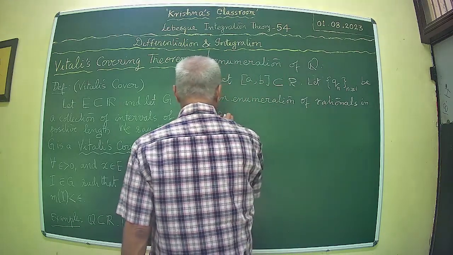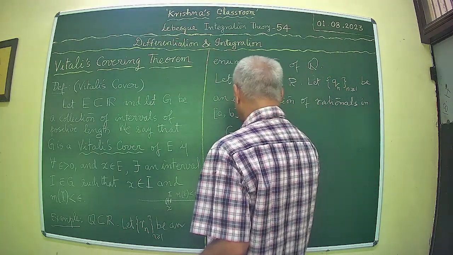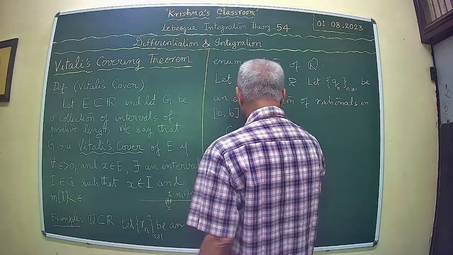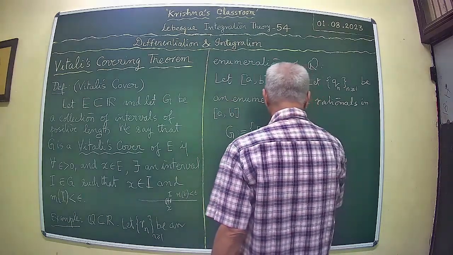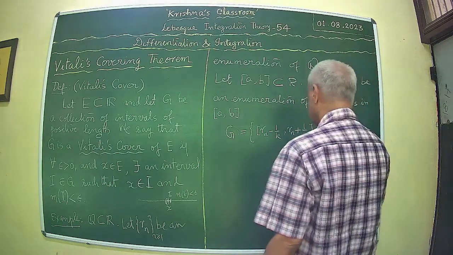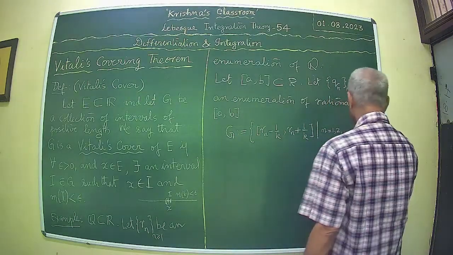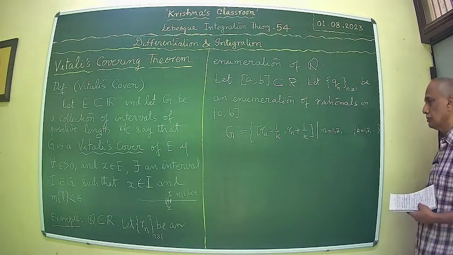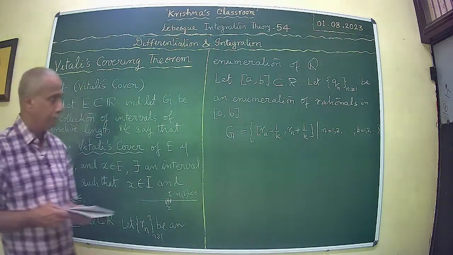Now let us define G. Let G be the collection of intervals of the form (r_n - 1/k, r_n + 1/k), so you are looking at intervals of length 2/k.